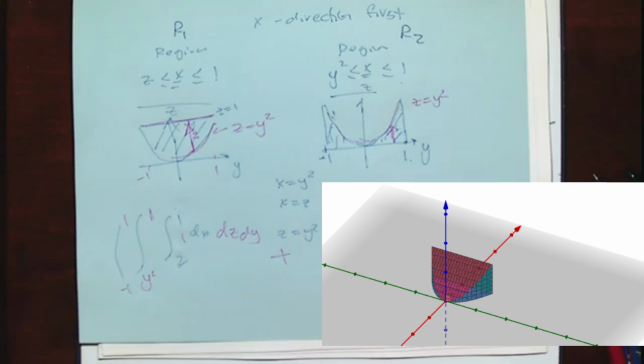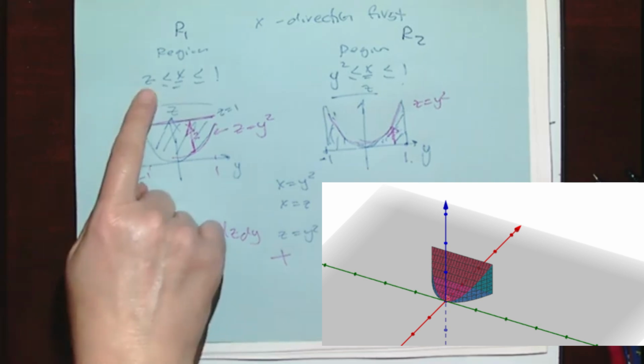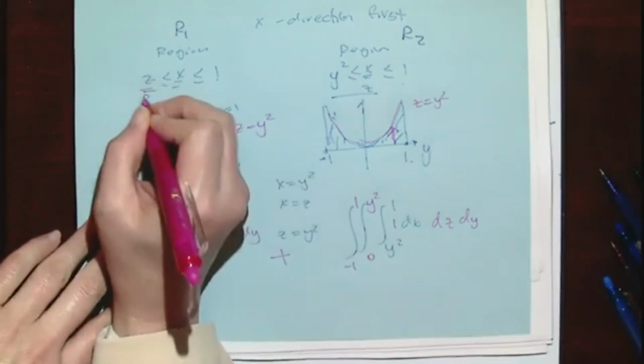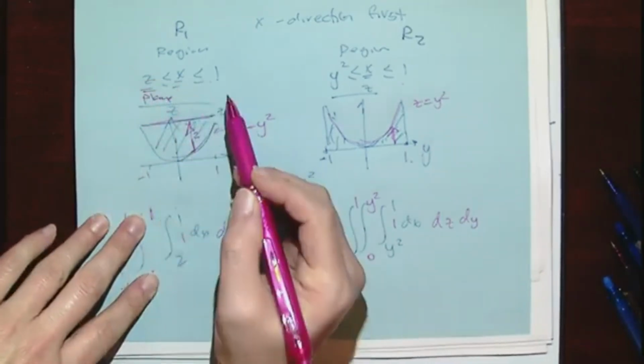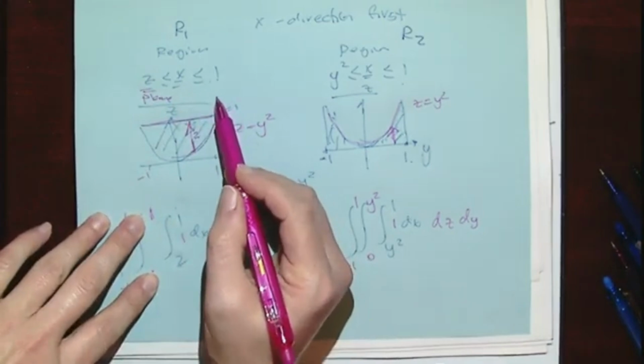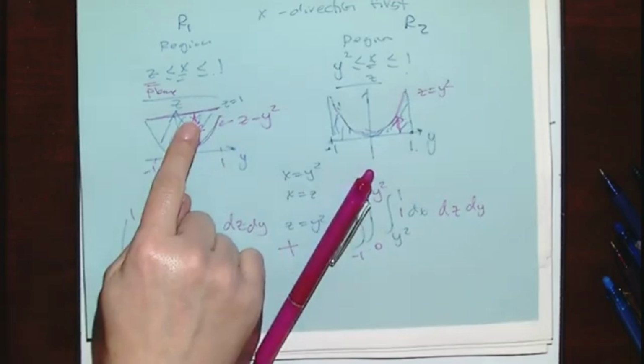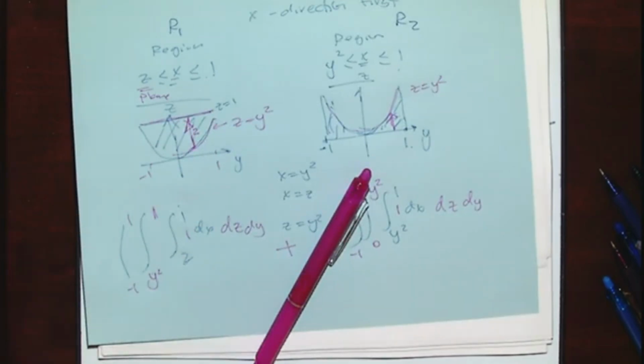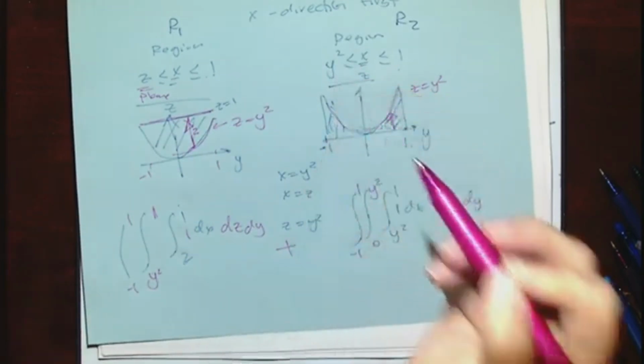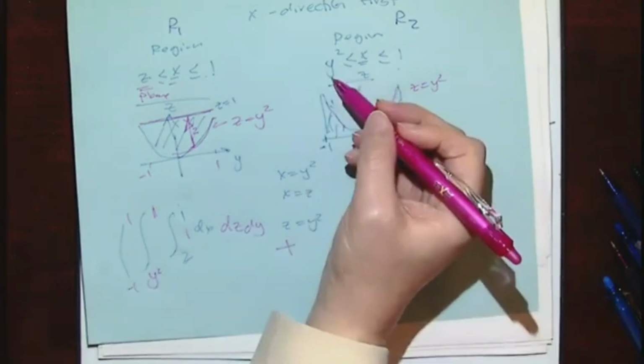Blue. And now let's look at this. The red is the plane. We start at the plane. Here's the plane. And we end at 1. Red is up there, right? And then the other one starts at the cylinder.